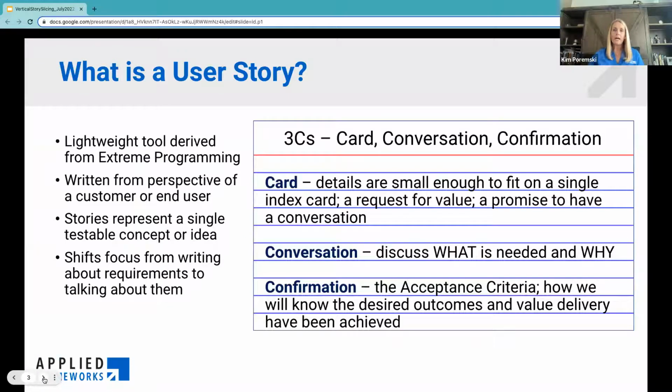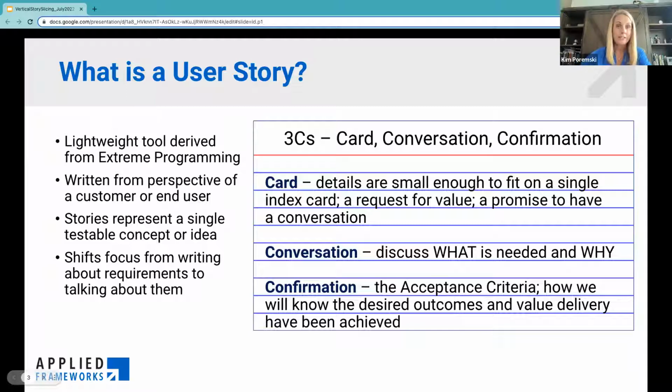Before I get into talking about vertical story slicing, I first want to level set on what a user story is. Because when we talk about Scrum, Scrum simply has product backlog items. User stories are actually a construct from extreme programming, and a lot of Scrum teams do use user stories as a way to document their product backlog items.